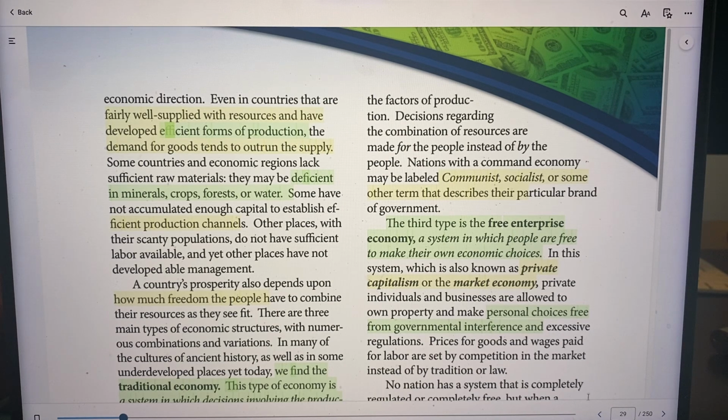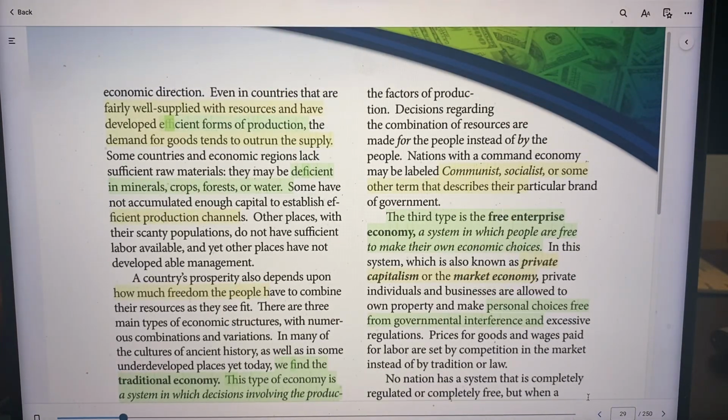So we're going to talk about these economies. Even countries that are fairly well supplied with resources have developed efficient forms of production, and demand for goods tends to outrun the supply. Some countries and economic regions lack sufficient raw materials, so they may become deficient in this area. A country's prosperity depends on how much freedom the people have. Because if the people don't have freedom, with these four factors, you'll end up with a problem, and the poverty situation will come in.